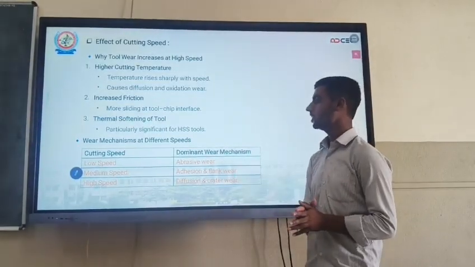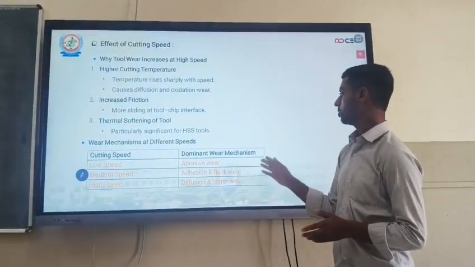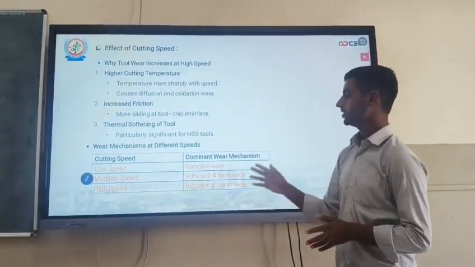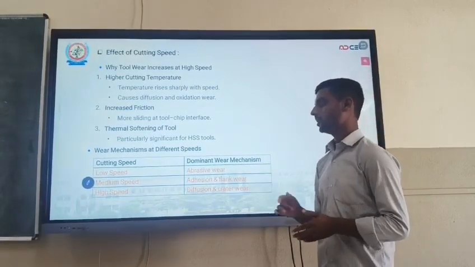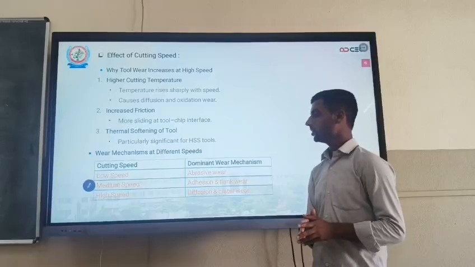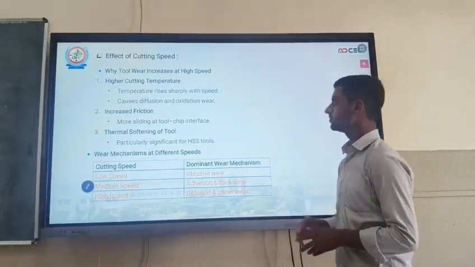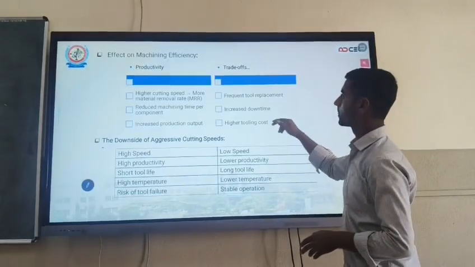Next is wear mechanism at different speeds. Cutting speed determines the dominant wear mechanism: at low speed, abrasive wear; at medium speed, adhesive and flank wear; and at high speed, diffusion and crater wear.